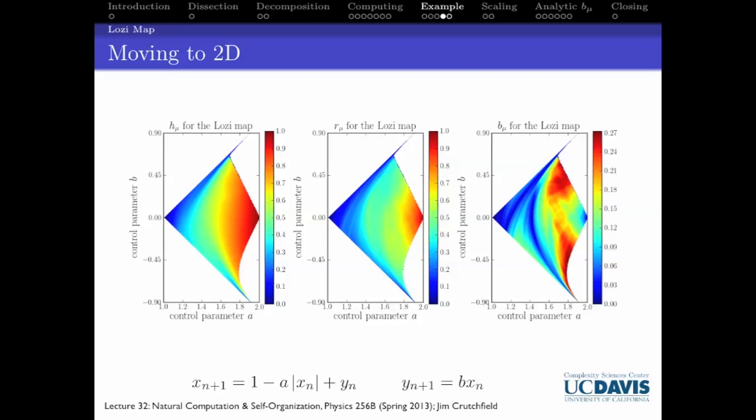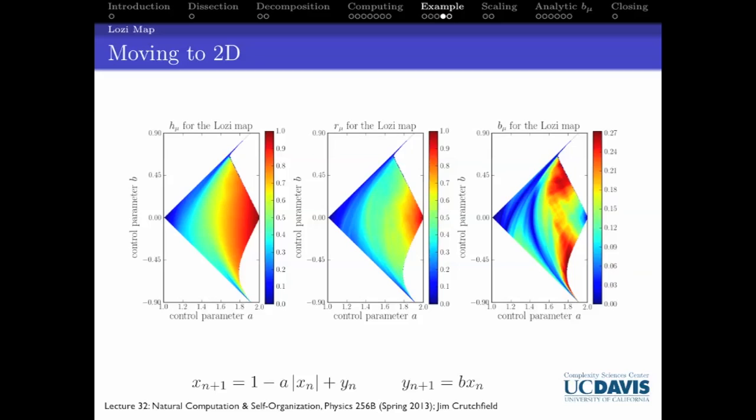So if we had some system with the Lozi map underlying it, and we were using it to perform some kind of computation for us, so we could harness its dynamics appropriately, we would want to put it in either this area or this area, where it's doing the most intrinsic computation.